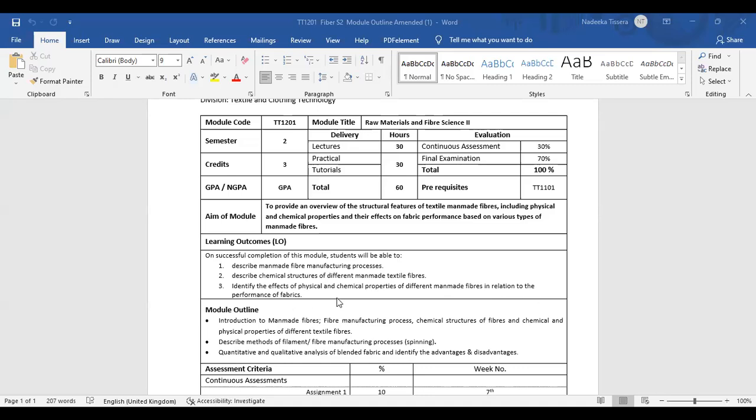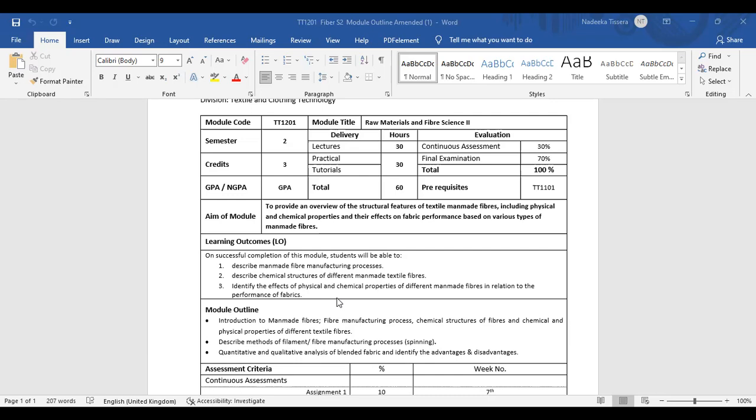So these three are the basic learning outcomes of the module. In our assessment, whether through a final examination or a continuous assessment, we are going to assess your ability on these three learning outcomes.